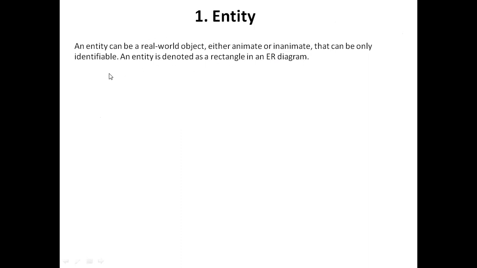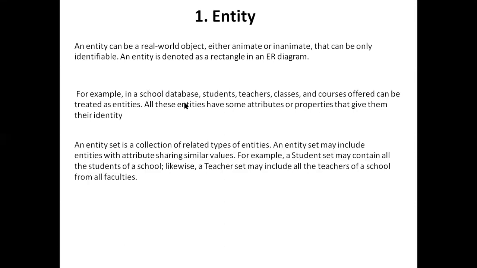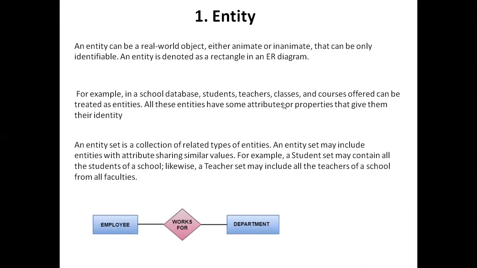It is the only identifiable thing in this entity relationship diagram. Okay, an entity is denoted as a rectangle. For example, in a school database, students, teachers, classes, and courses offered can be treated as entities.